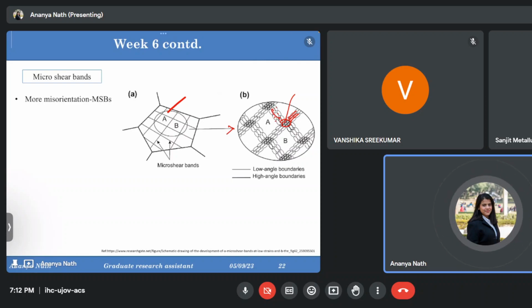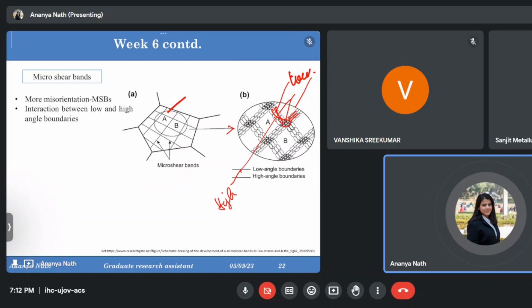Here they were oriented, but with some angle between the orientations, which gives low angle boundaries. These two are low angle. Now they have interacted and given rise to the high angle. So these high angle boundaries are now acting as the micro shear bands, which will give rise to new grains.